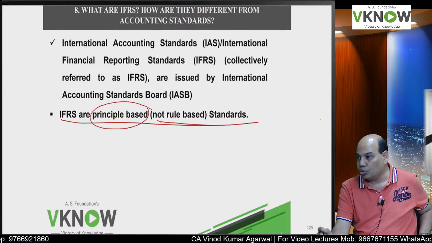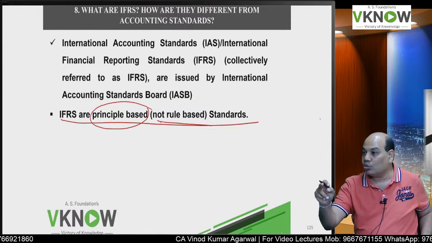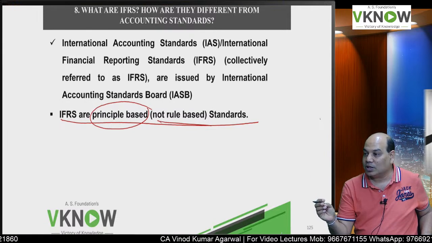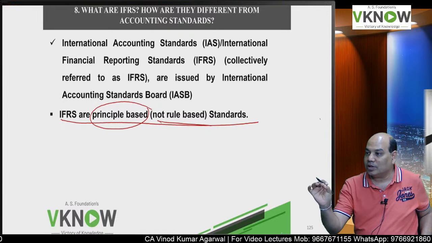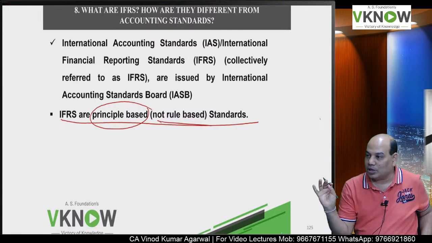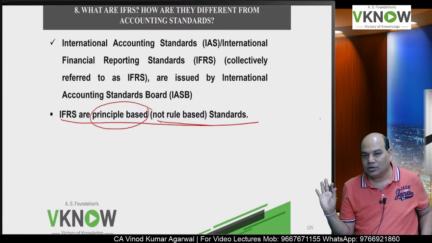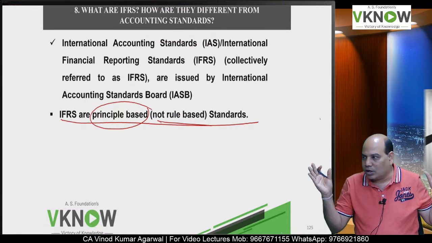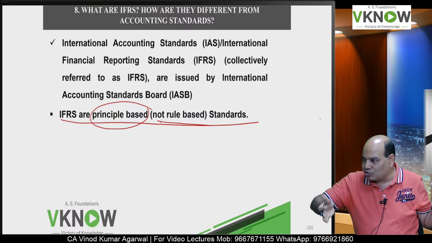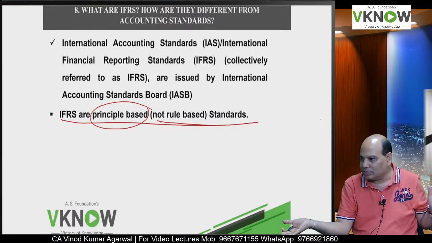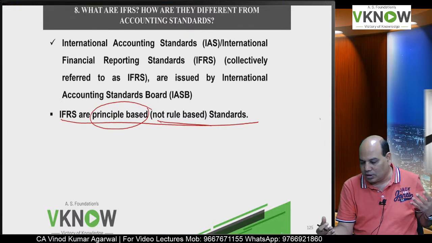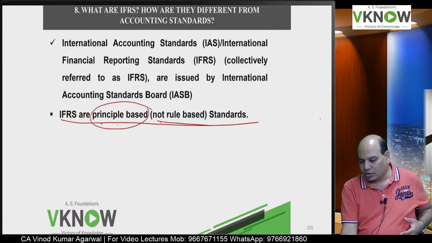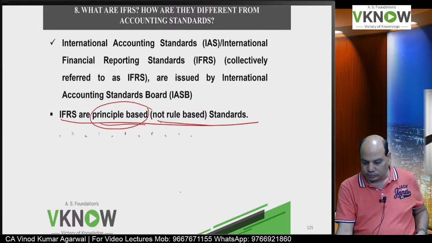Whereas in US GAAP, which is a rule based standard, they will say if the lease term is 75% of the economic life, then it is a finance lease. So that means you are not left with any judgment. They are giving you exactly how to check this or that. But here in IFRS or Ind AS, it is a principle based standard.